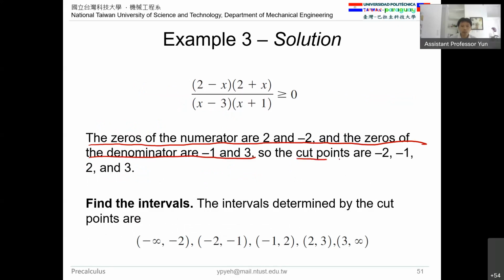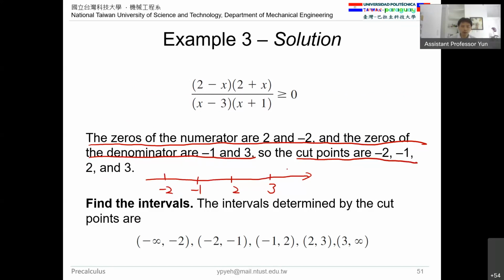So the cutting points of these inequalities will be minus 2, minus 1, 2, and 3. Okay, so then we could find the intervals.